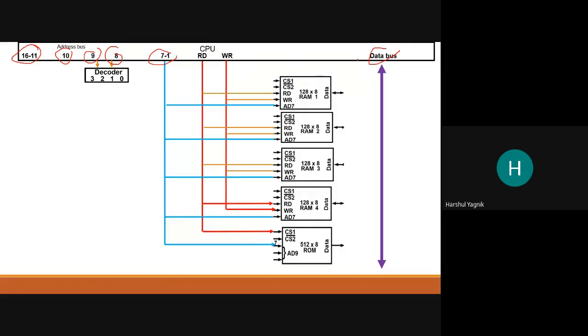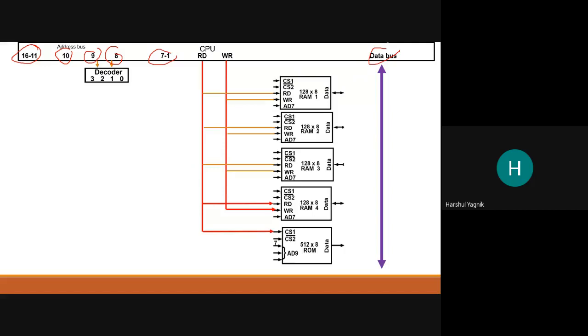Now you see the RAMs have 128 registers, so 7 address lines are required for each RAM, right? But the ROM requires 9 bits of address.